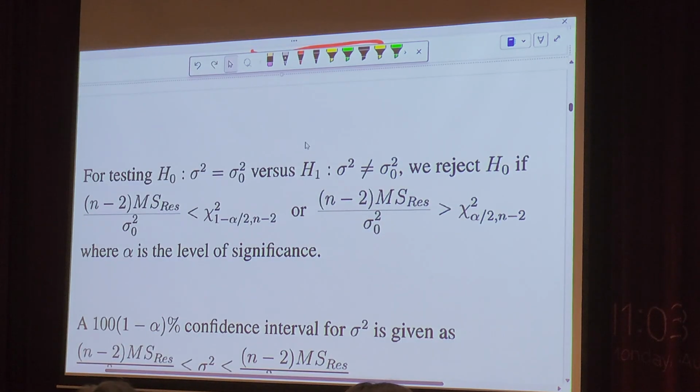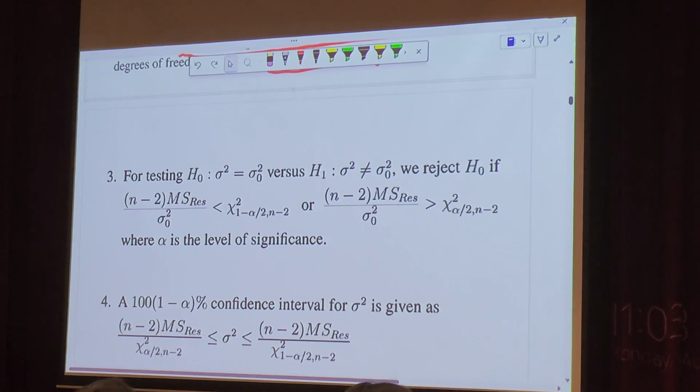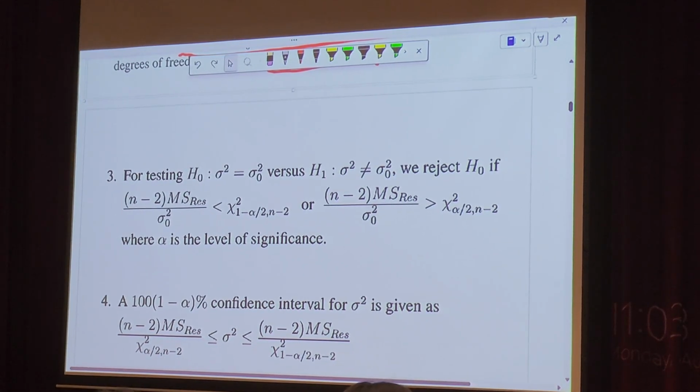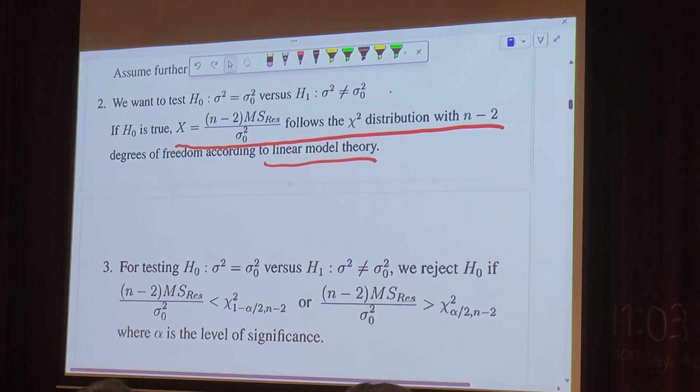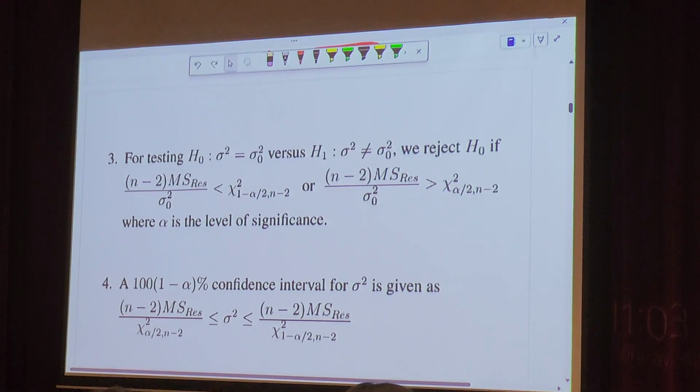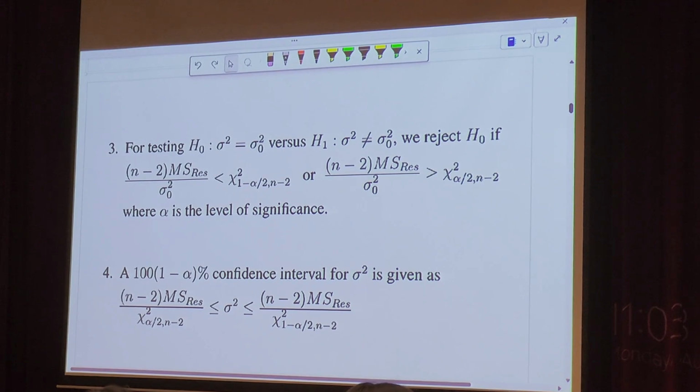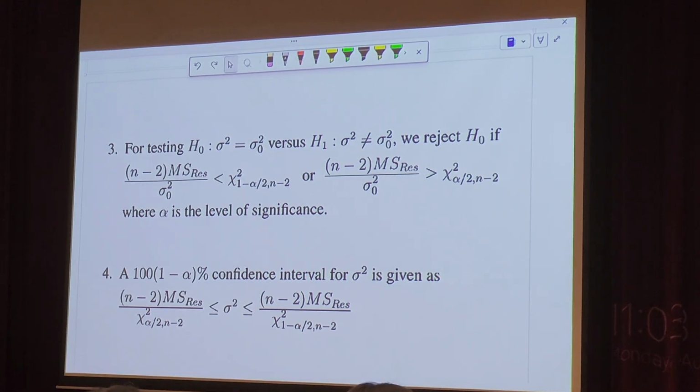So what happens now is we know the distribution. We can then do testing, or we can construct a confidence interval for it. So that's what happens. All right.